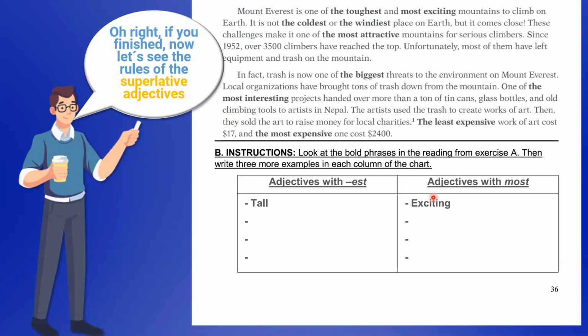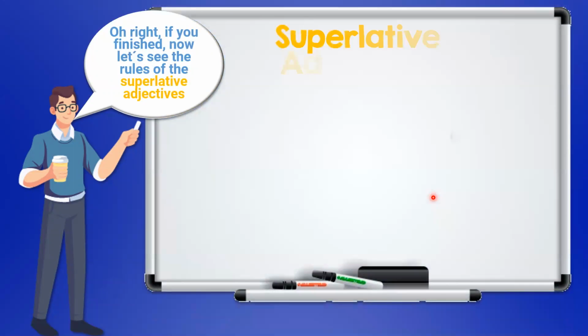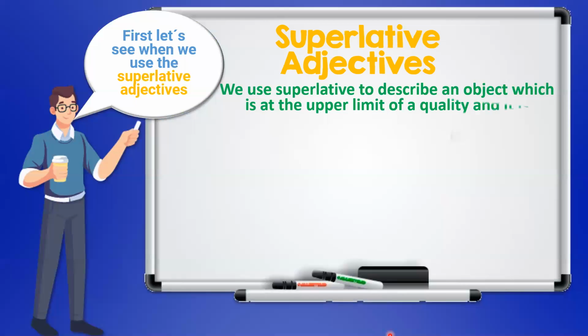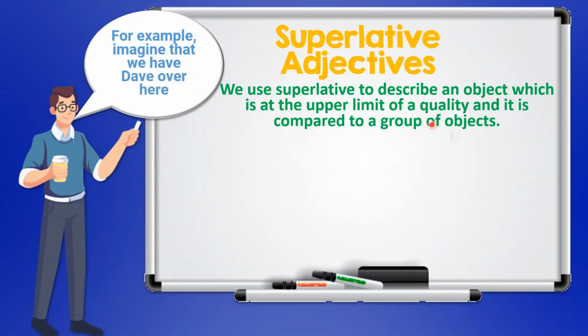All right, you finished. Now let's see the rules of the superlative adjectives. First, let's see when we use the superlative adjectives. We use superlative to describe an object which is the upper limit of a quality, and it is compared to a group of objects. For example, imagine that we have Dave over here.